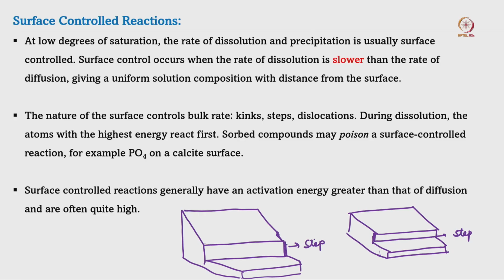Okay. There can be a step, there can be dislocations, meaning something which is not supposed to be there. Let us say in this particular position you were expecting a sulphate ion, and instead of a sulphate ion you find it is now a PO4 ion, a phosphate ion.